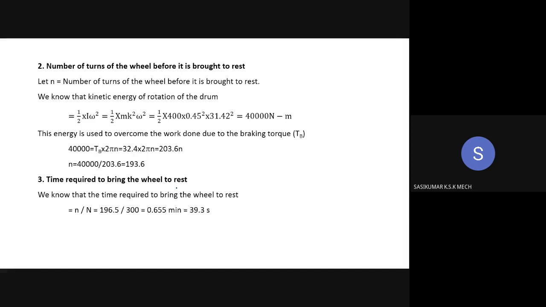So for 196 turns, how much time will it take? That is obtained simply by dividing small n by capital N. Small n is 196.5, capital N is the speed of the flywheel, that is 300. So the time taken by the wheel to come to rest is 39.3 seconds.